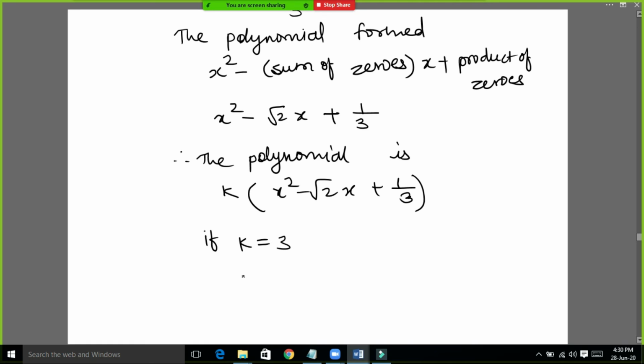So the polynomial obtained is 3x square minus 3 root 2x plus 1. You have to multiply this number with all the other terms. So this is the required polynomial, that is 3x square minus 3 root 2x plus 1.